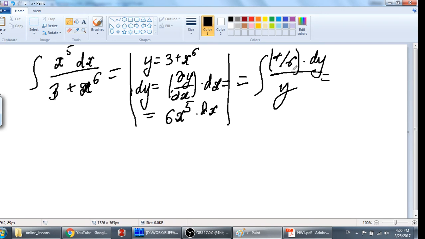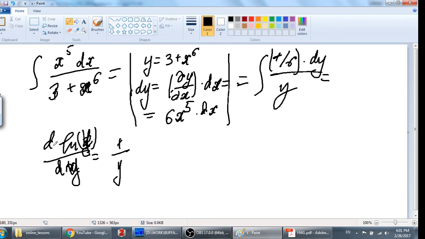And then again you can recall that the derivative of the logarithm of y with respect to y is 1 over y.